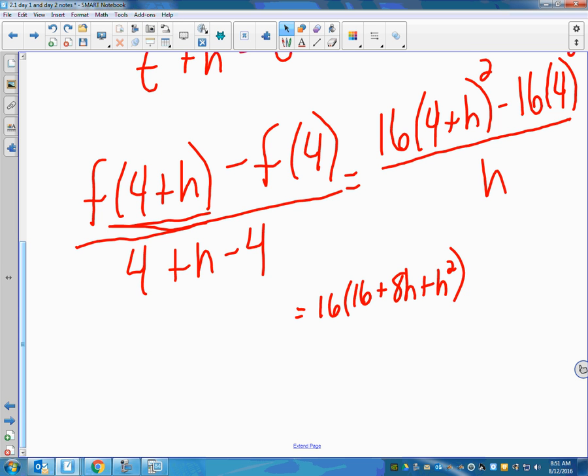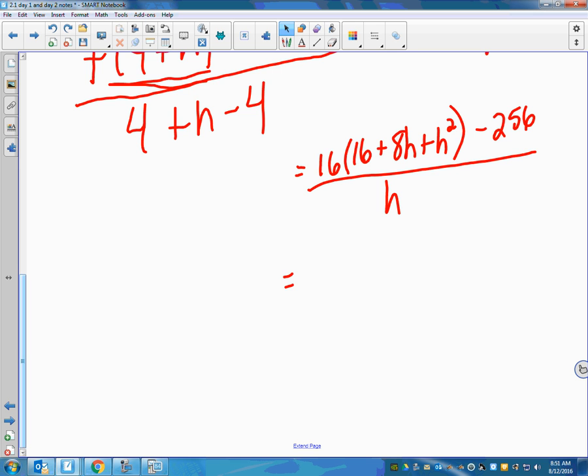So when I do minus 16 times 4 squared, that's minus 256 all over h. I'm going to distribute and see what I have here. So I have 256 plus 128h plus 16h squared minus 256.